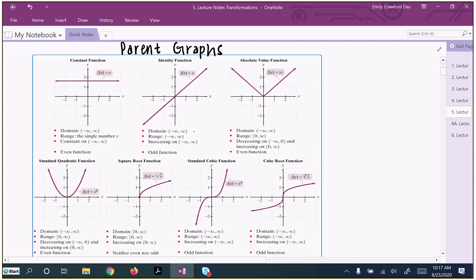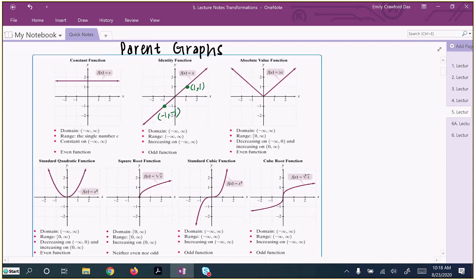It also has domain all real numbers and range all real numbers, and any point on this line is going to have coordinates. For example, this point is (1, 1), or this point is (-1, 1). On the line y equals x, all of the points have this property that the x and y coordinates are equal.